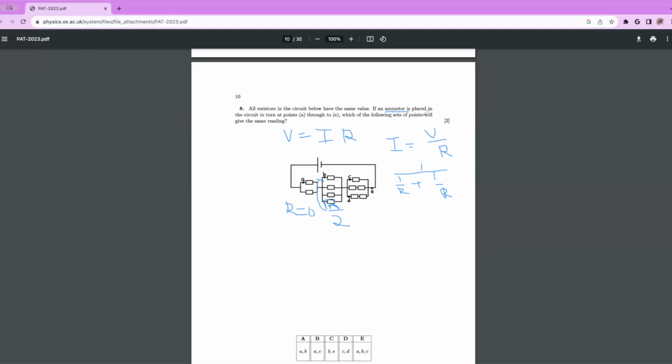Oh, wait a minute. I don't know which direction the current flows. I might be doing this wrong. You know what? I'm going to not go with it.